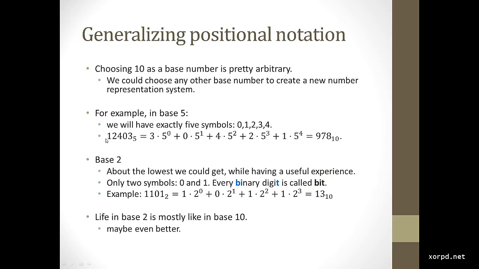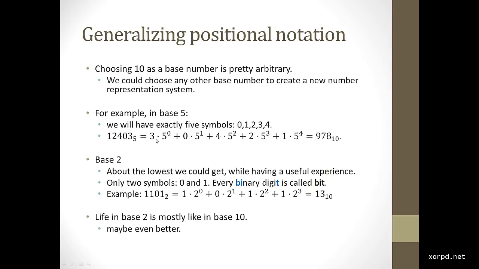As an example, this number, 12403 in base 5, this is how we note base 5, equals this number: 3 times 5 to the power of 0, plus 0 times 5 to the power of 1, plus 4 times 5 to the power of 2, plus 2 times 5 to the power of 3, plus 1 times 5 to the power of 4, which eventually equals this number.